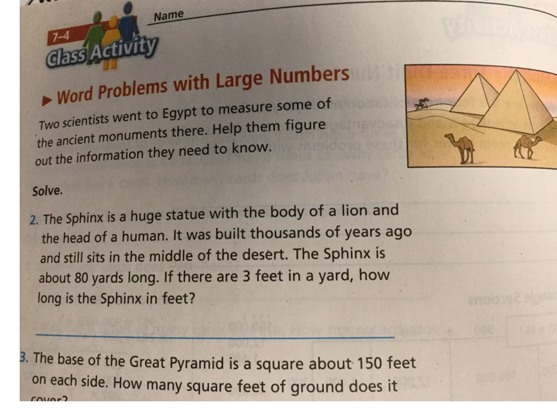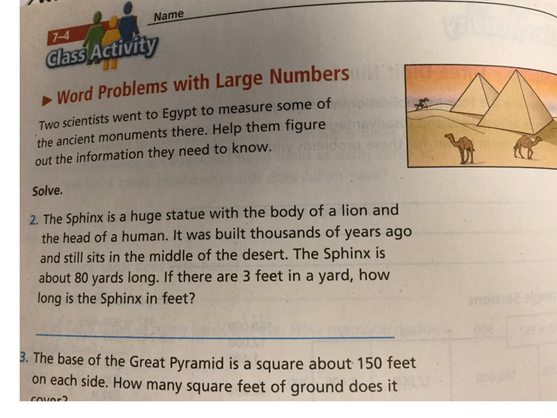The Sphinx is a huge statue with the body of a lion and the head of a human. It was built thousands of years ago and still sits in the middle of the desert. The Sphinx is about 80 yards long. If there are 3 feet in a yard, how long is the Sphinx in feet? Well, it's 80 yards long, and we want to convert that into feet.